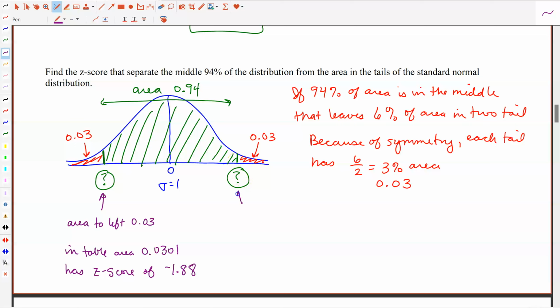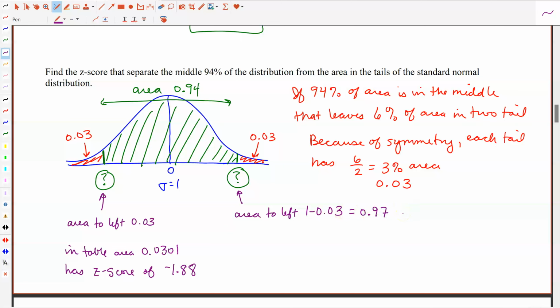What about this value over here that's on the right? For this right most value, the area to the right of it is 0.03. But remember, our table wants area to the left. So with respect to this other z-score value I need to find, the area to the left of it is 1 minus 0.03, or 0.97.